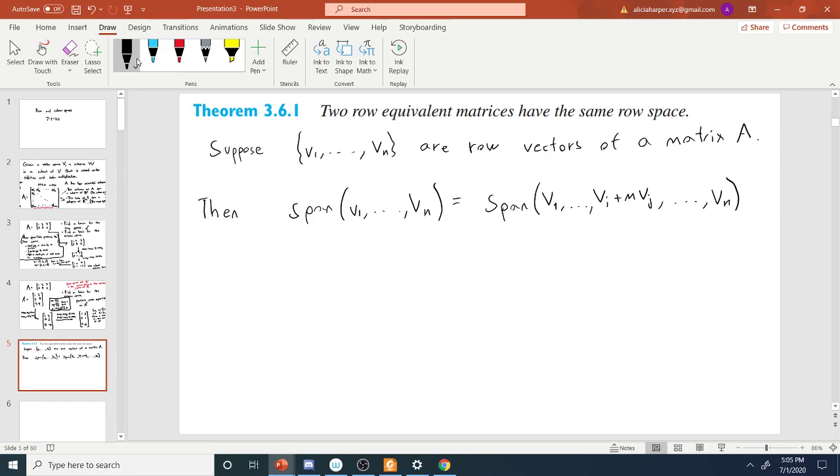So here's why this is true. Let's look at a linear combination of these vectors.